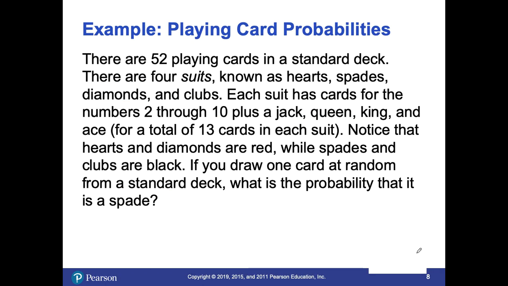Let's try something that's a little bit more challenging. Let's say you have 52 playing cards in a standard deck.